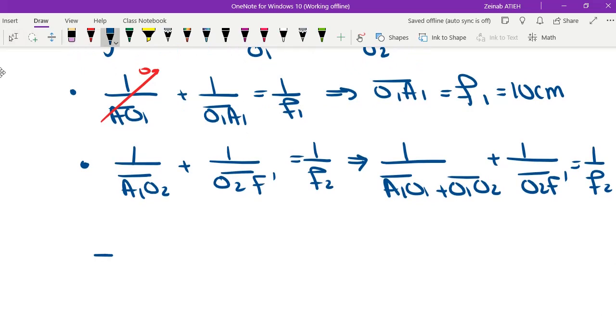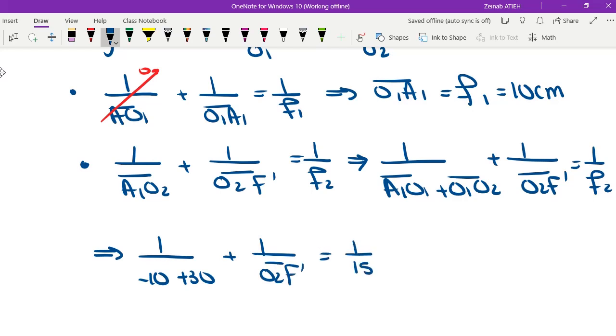Substitute, implies 1 over minus 10 plus 30 plus 1 over O2F prime, it's equal to 1 over 15. Implies 1 over O2F prime equals 1 over 15, وعندنا من هونيك 1 over 20, so minus 1 over 20. Calculate, you will get 1 over 60.